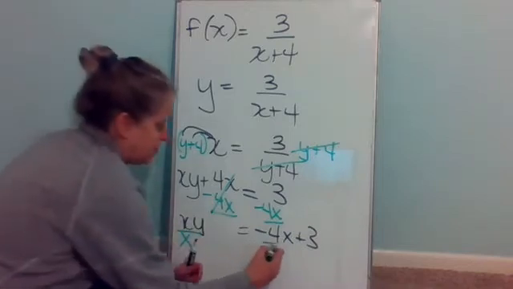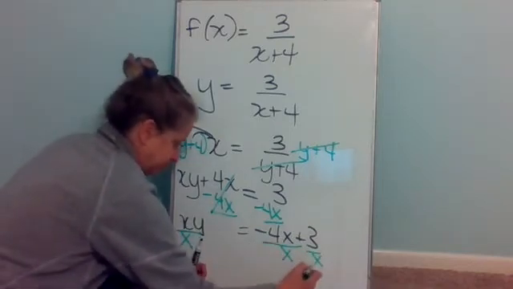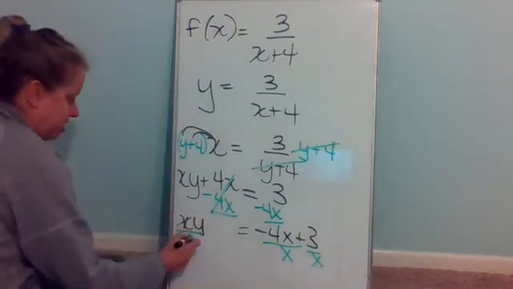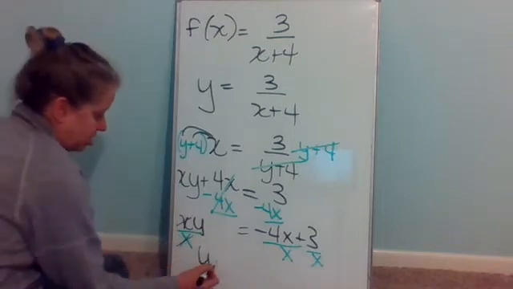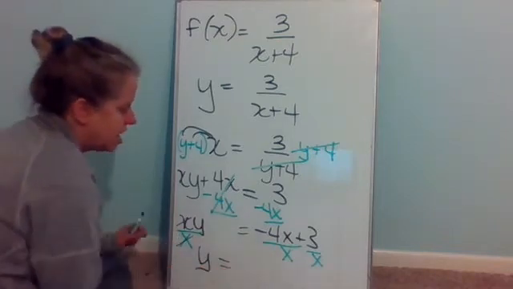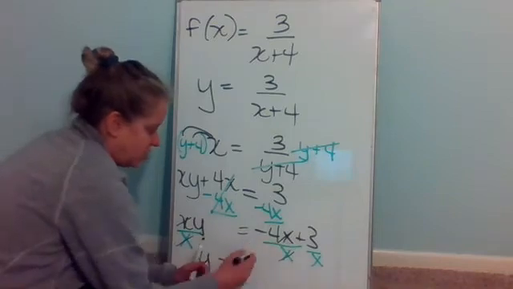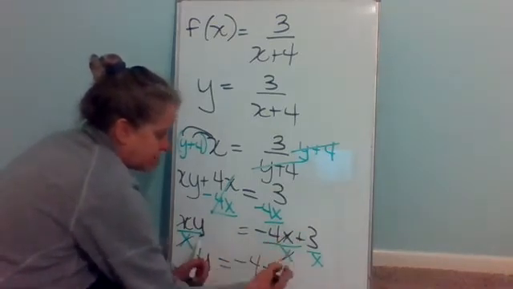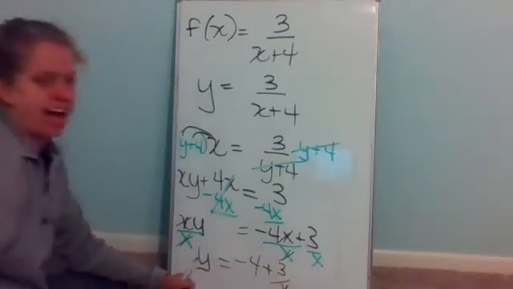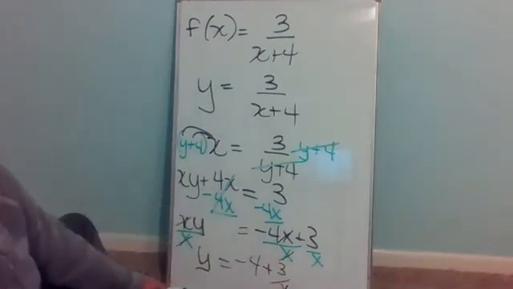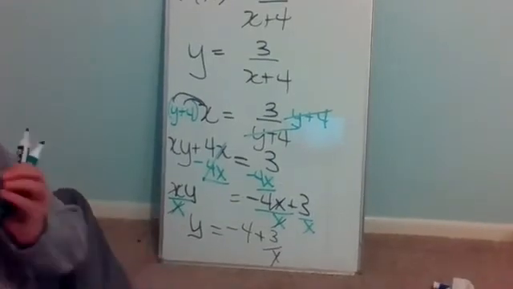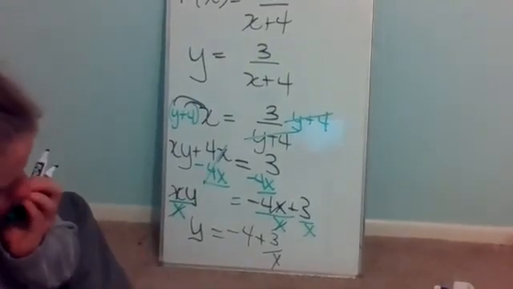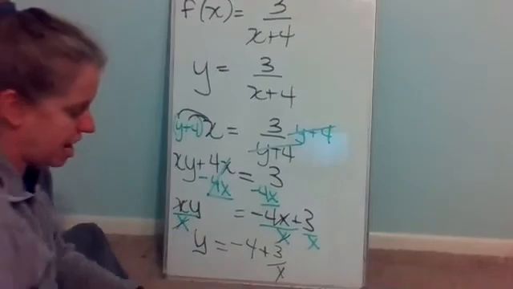So you're going to divide everybody by x. So when I do that, those x's cancel. There's my y equal. Here, these x's cancel. So I'm just left with that negative 4 plus, I still have 3 over x on that side. Okay, so that was number 19.